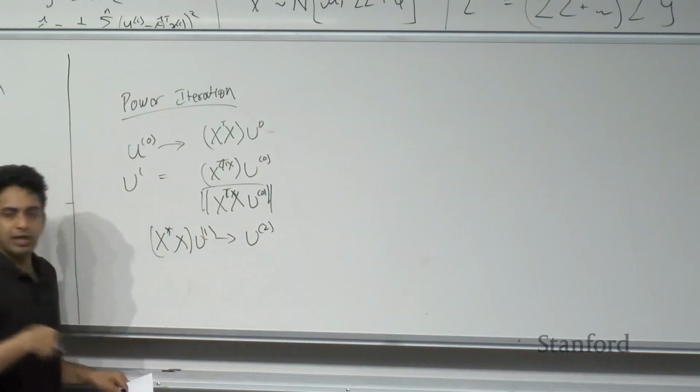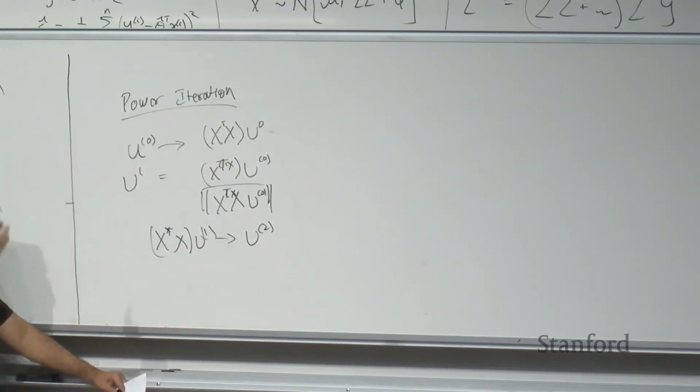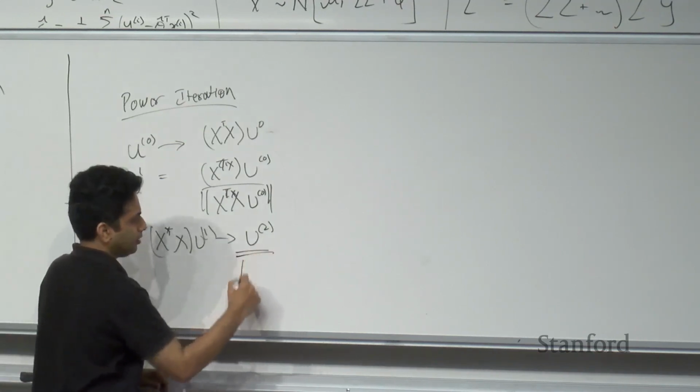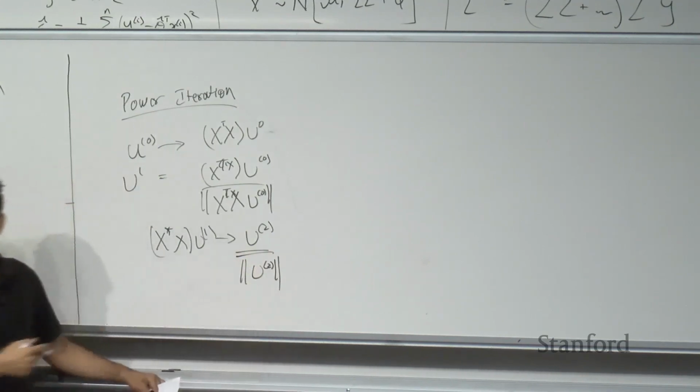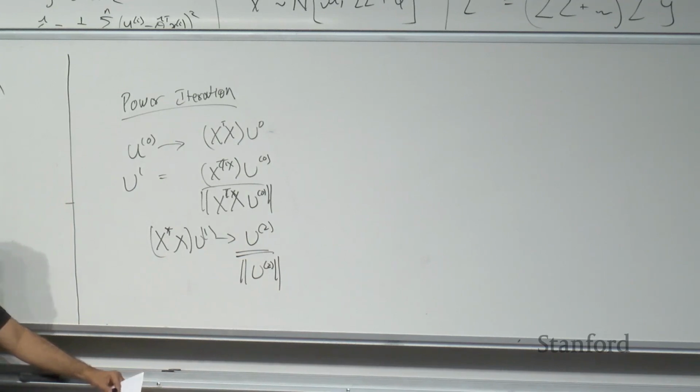If you keep multiplying the vector over and over by the same matrix, and after every multiplication you rescale it to unit length, the vector that you converge to will be the largest eigenvector.